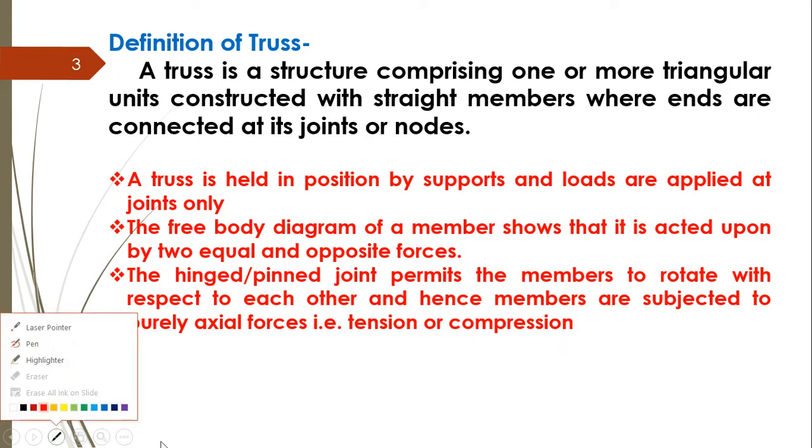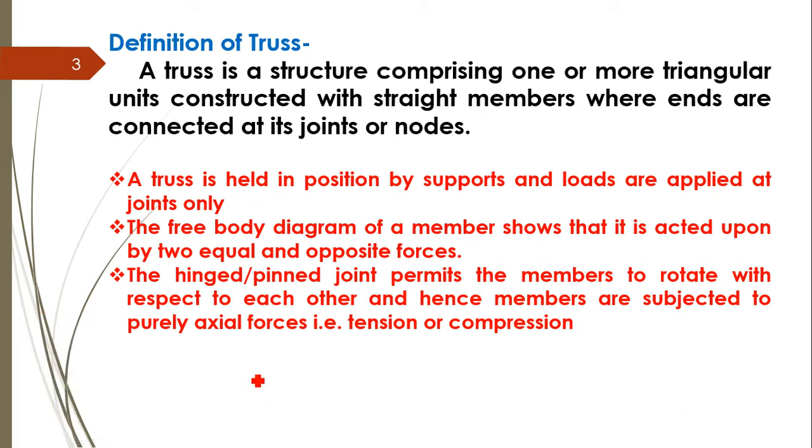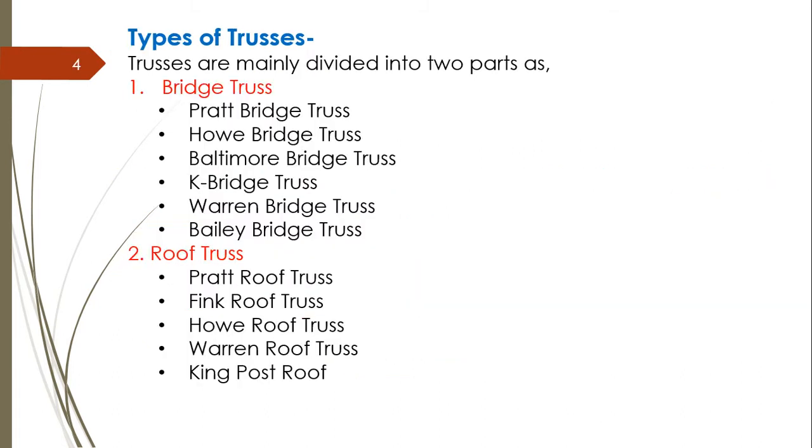So the forces in the truss members are purely either tensile or compressive forces. In this figure, both are acting as tension, and here this will be considered as tension, this will be considered as compression. We give the sign convention positive for the tensile forces and negative for the compressive forces.